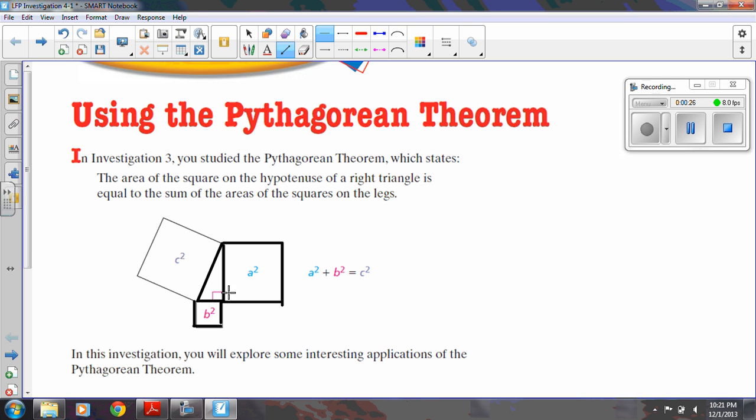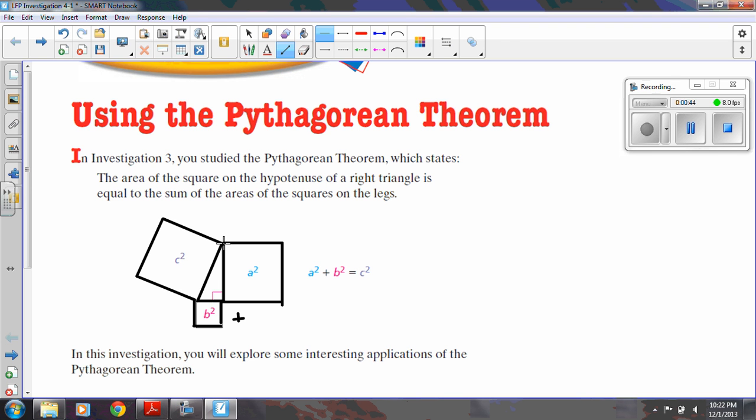Okay. And we discovered that the area of the square off of each of the legs, if we added them together, is equal to the area of the square that we can draw off of the hypotenuse, which is over here.